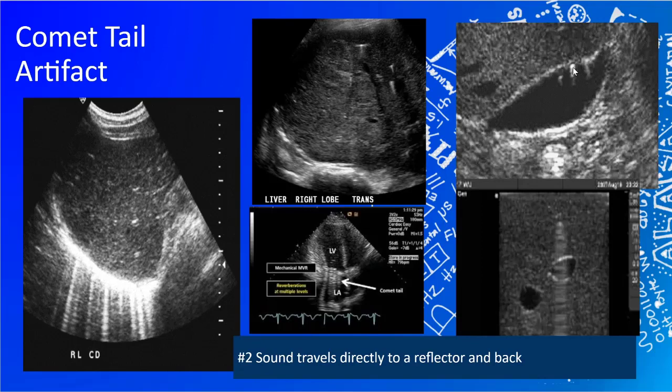They cause the sound beam to kind of bounce around within the tiny little crystal of cholesterol, creating that comet tail artifact. In the case of the liver here, air within the biliary tree is called pneumobilia. And so that helps us to show the radiologist there's pathology going on here. So sometimes when we have artifacts, we don't want to correct for it because it's actually helping our diagnosis.